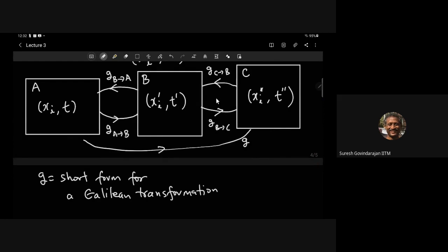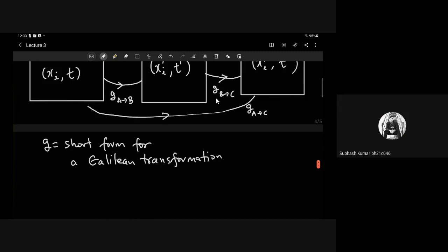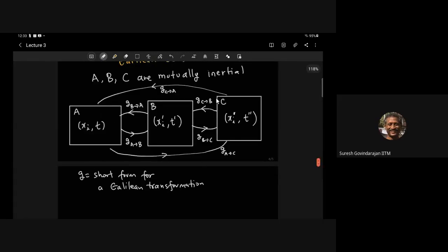What should I call this? G A to C, right? Similarly, there will be one that goes from C to A. Is this clear, what I've written? So we have a whole bunch of transformations. Now I need this picture, so I'll reduce the size.